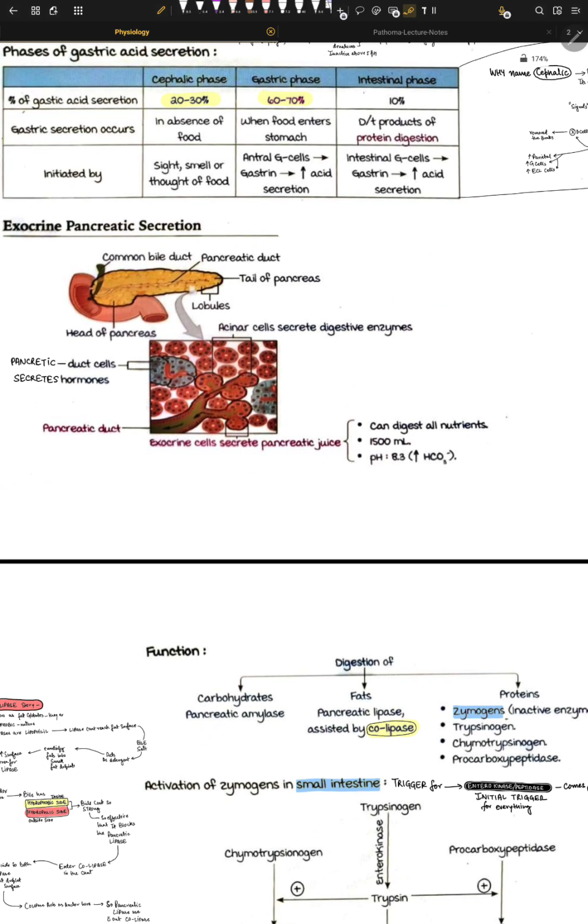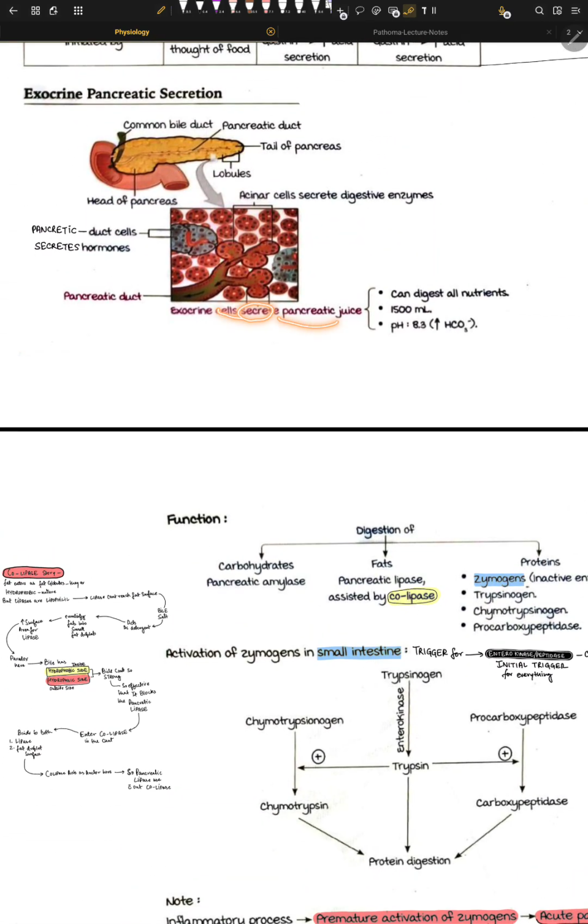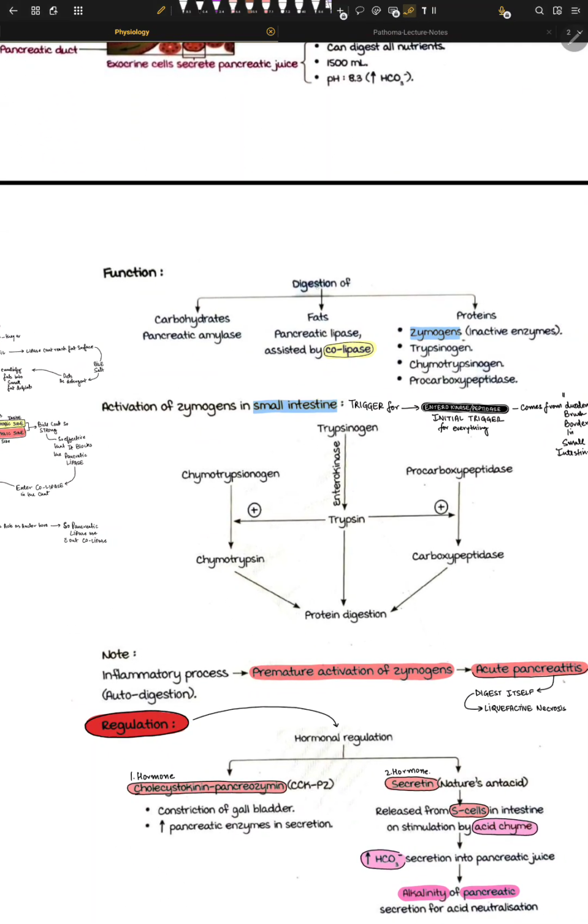The function of the pancreatic juice is digestion of fats, digestion of protein, and a little bit of digestion of carbs. Mostly carbs are digested by saliva, and least by the stomach.